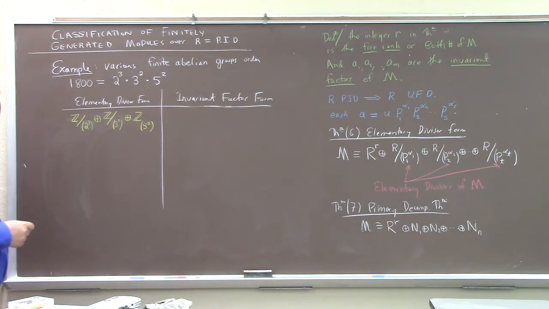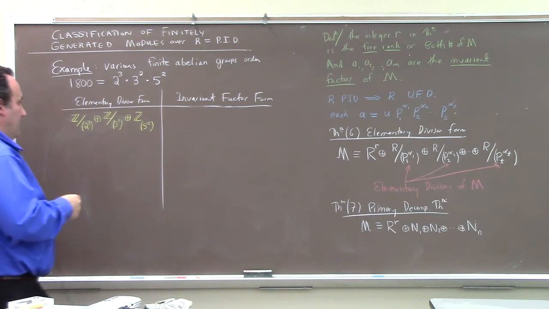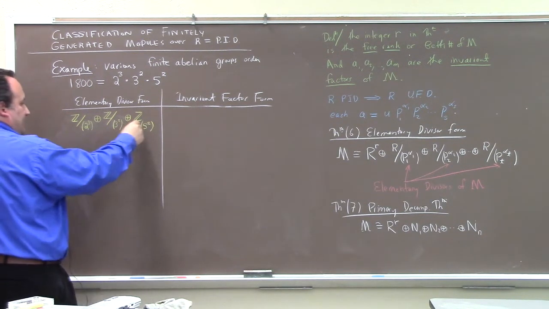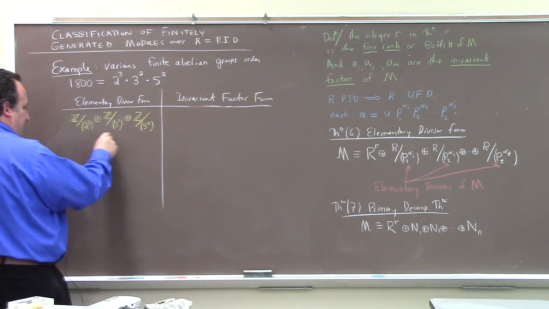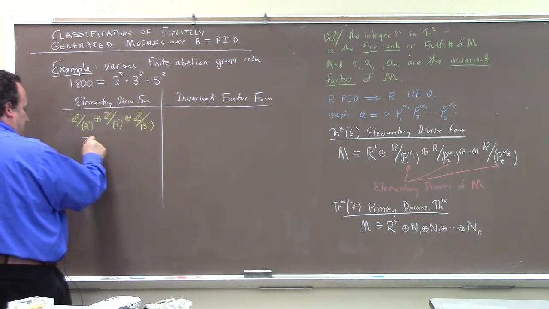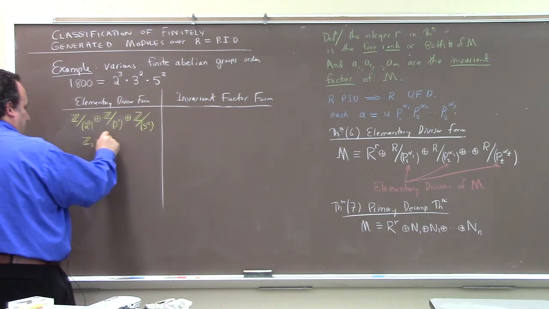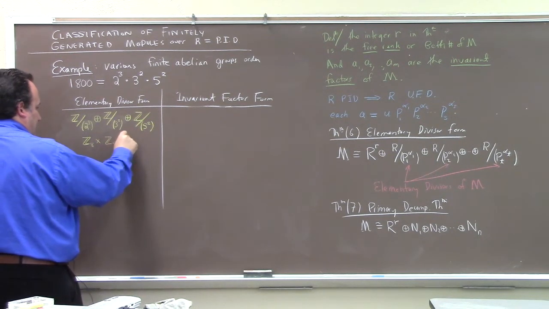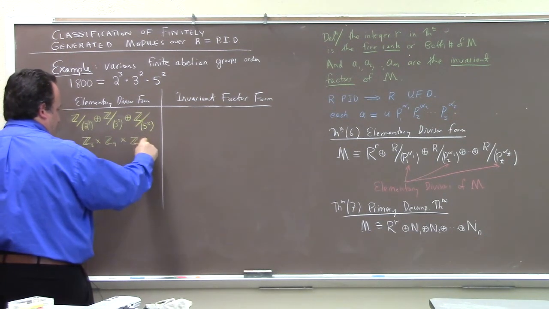Are these actually different from Z mod 5? No. Let me put it back in the usual notation. So this is Z8 cross Z9 cross Z25.